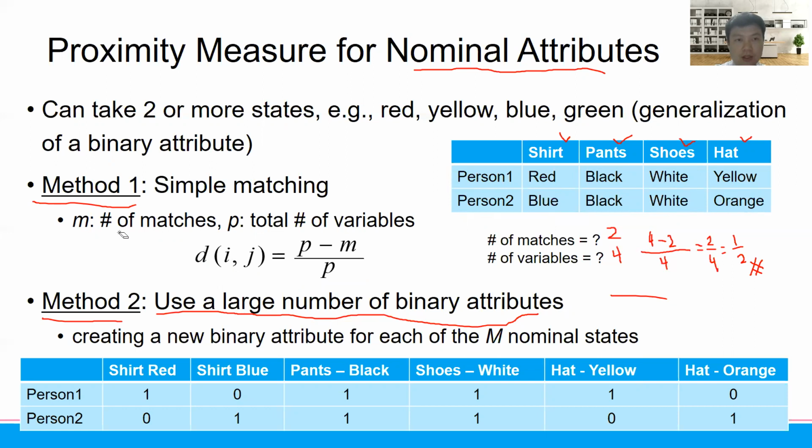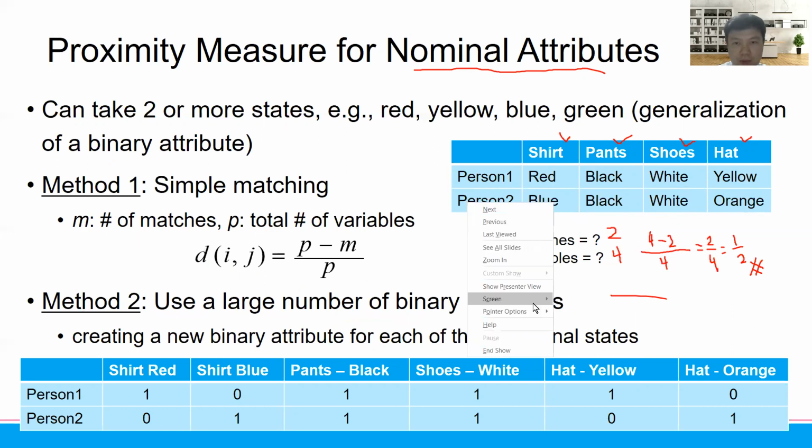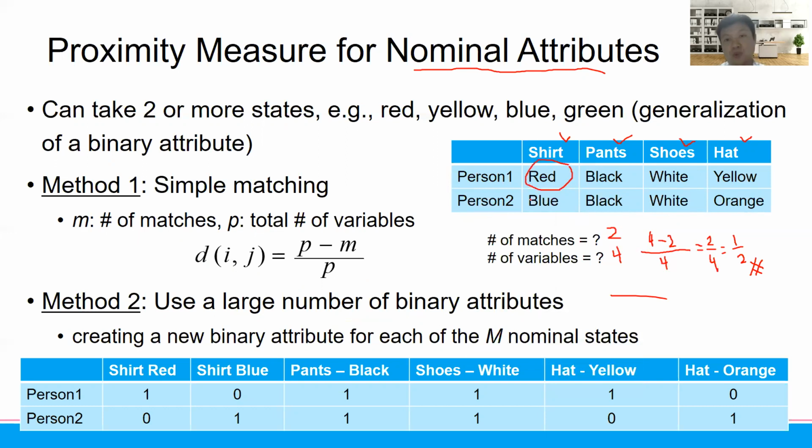If I have the nominal attribute like this, I can just put red. I have a red shirt for person 1, so I can say this is 1.